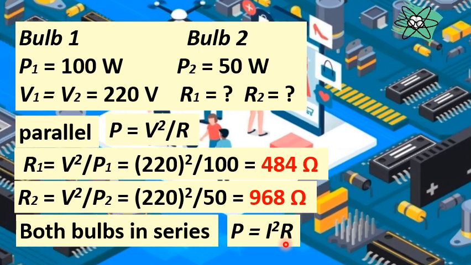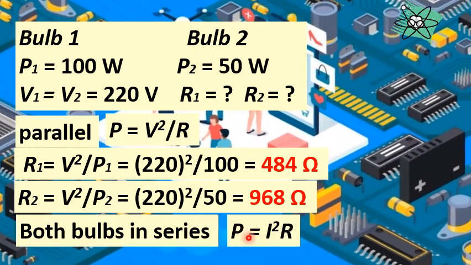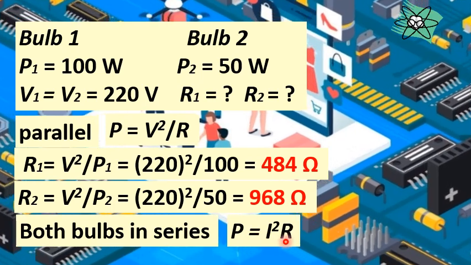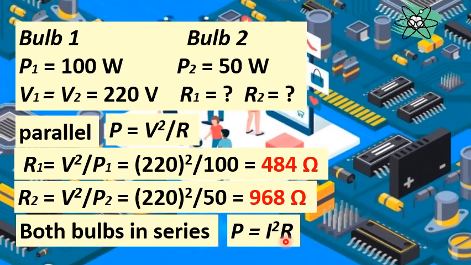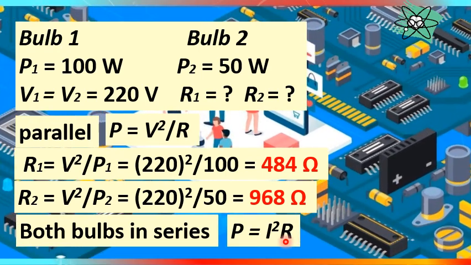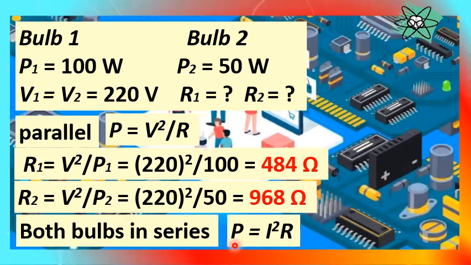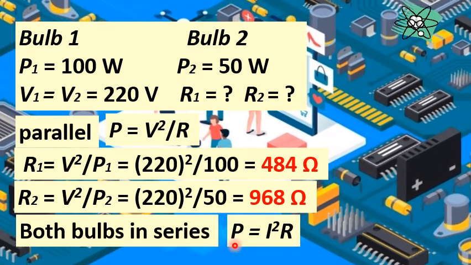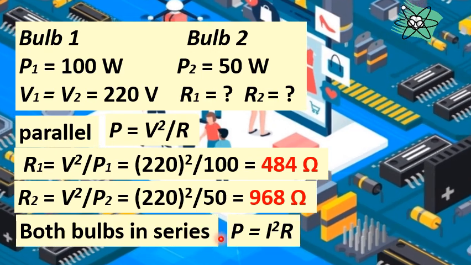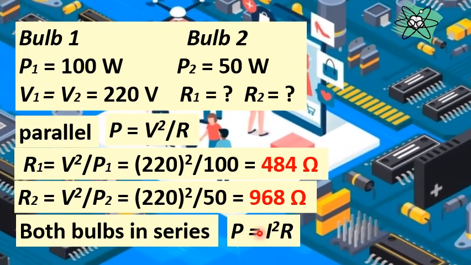And that means if the current is constant, the power is directly proportional to the resistance R. And this suggests that if the current is the same for both bulbs, then the bulb with the higher resistance will have the greater power dissipated.